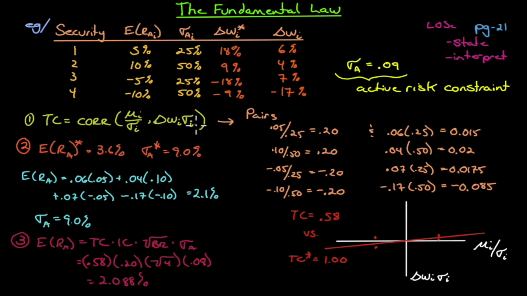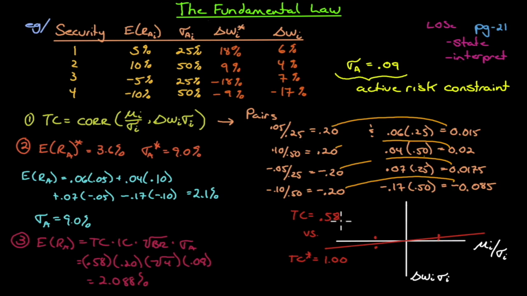The second of the pair is the actual weight multiplied by the sigma i. So it's 0.06 times 0.25, 0.04 times 0.5, etc. So if we enter these pairs into a calculator or into Excel, it'll give us a correlation, and it turns out that the correlation is 0.58.